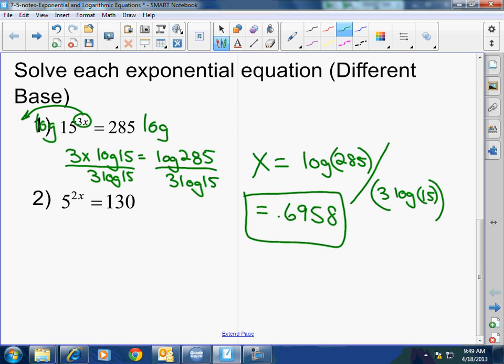Now listen, if you have a calculator that goes backwards, it's a little bit different. Which again I do not like, but you have to put in 285 log, and you'll get an answer. Then you'll go divided by 15 log times 3.